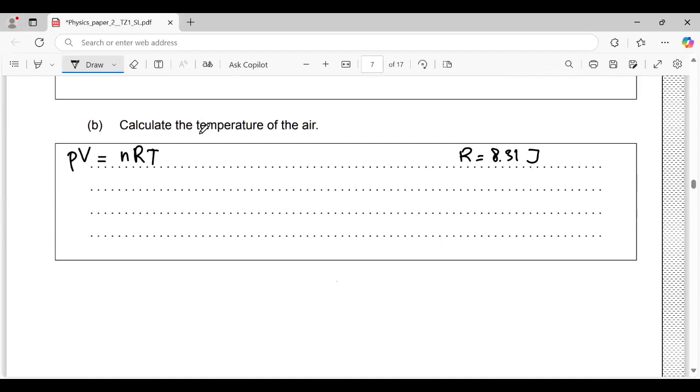So we're going to calculate the temperature. If temperature is the subject, this formula becomes PV over n times R.